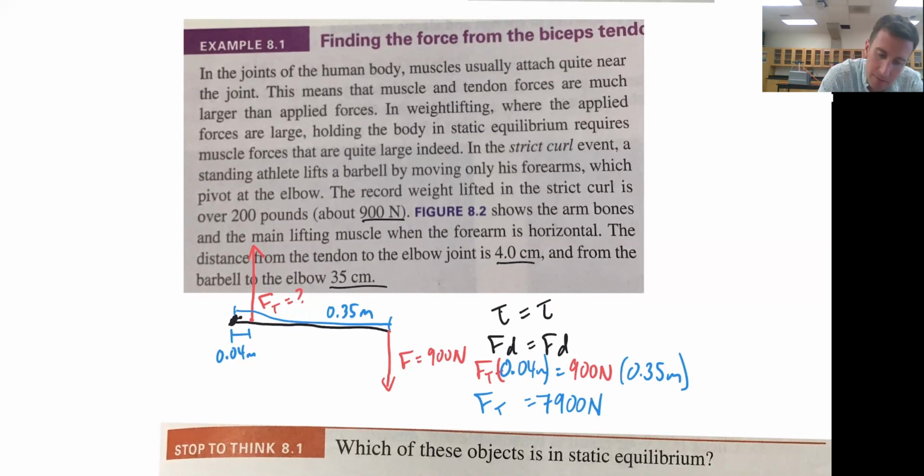So what I should have done at the beginning was I should have done my 900 newtons divided by 2 because I'm splitting it between both arms, but I can just do it now. 7,900 divided by 2 gives me 3,900 newtons because of the rounding. So that should be 3,900 newtons on each tendon, right? I'm split between 2 tendons for each of my 2 arms.